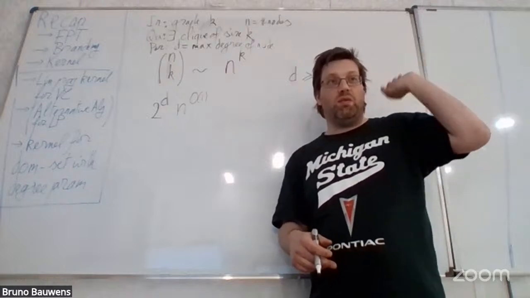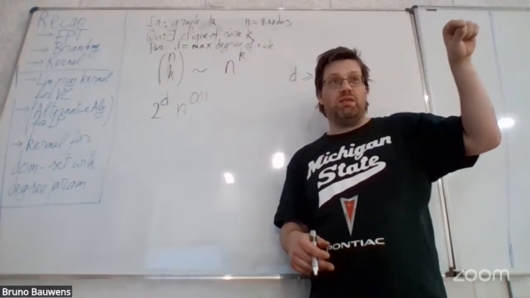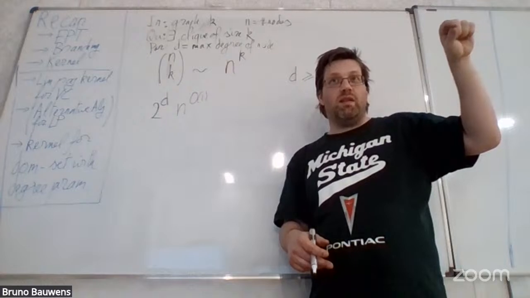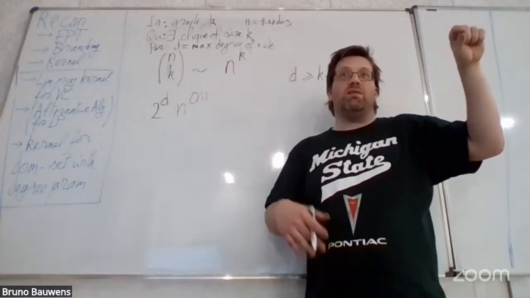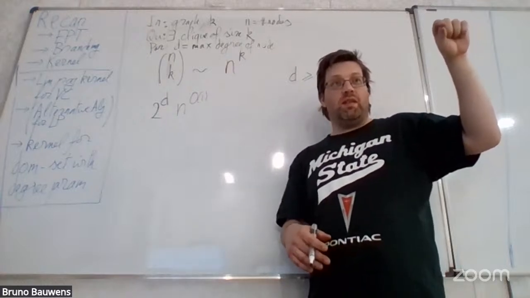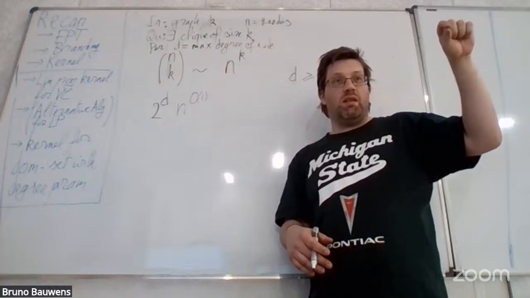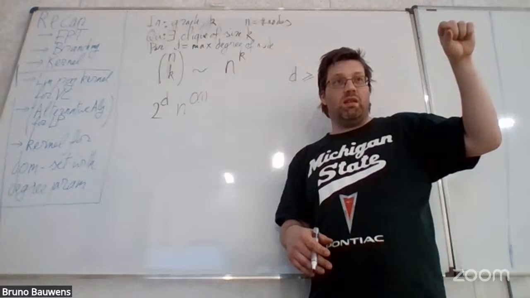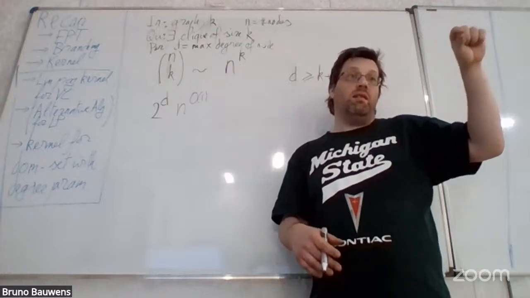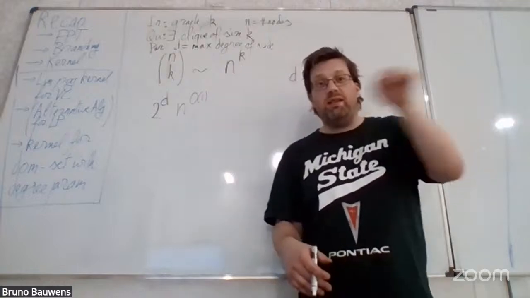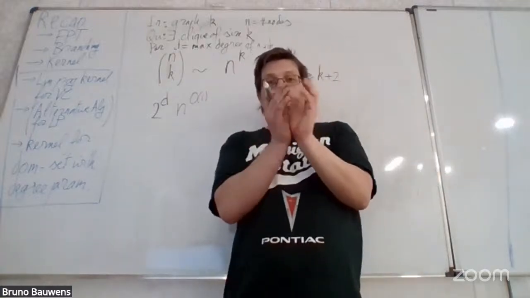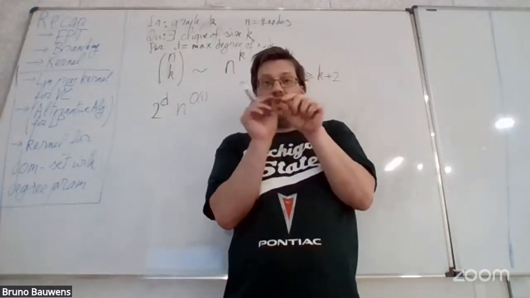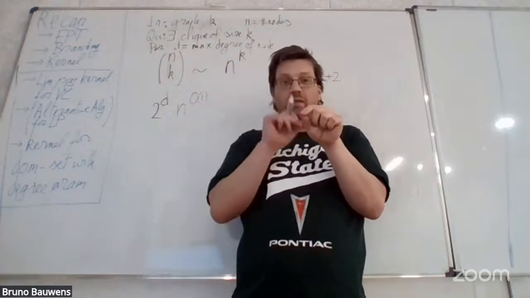We pick any node with at least k minus 1 neighbors, and then we only look at the neighbors of this node and try all the subsets.